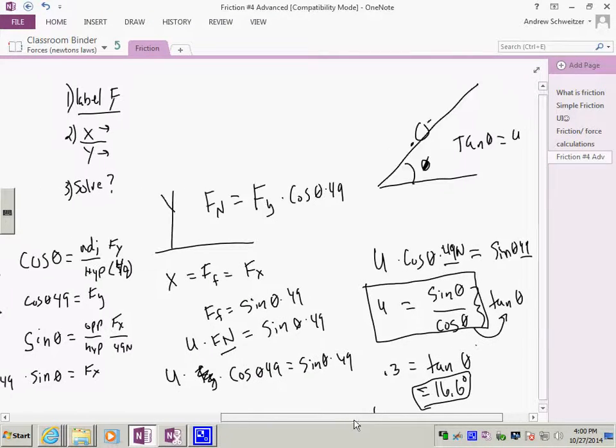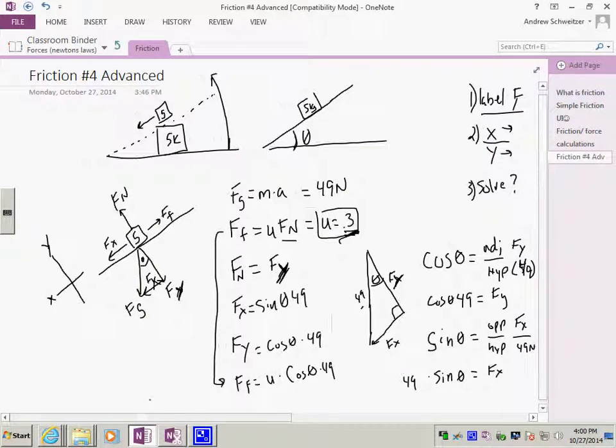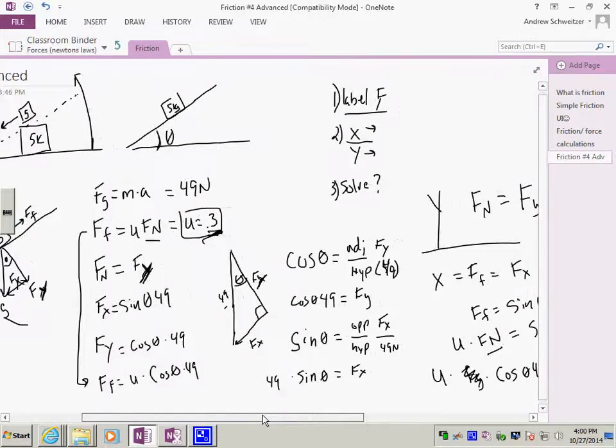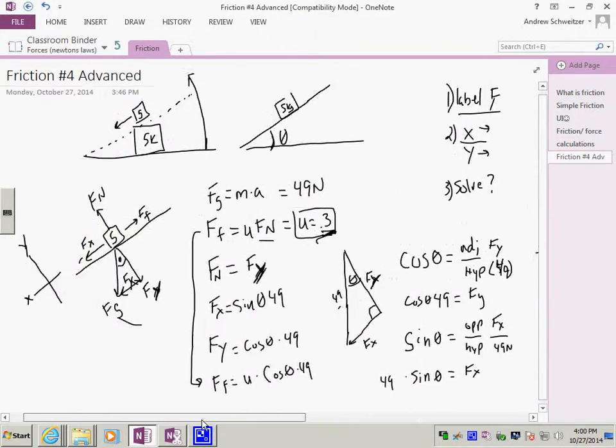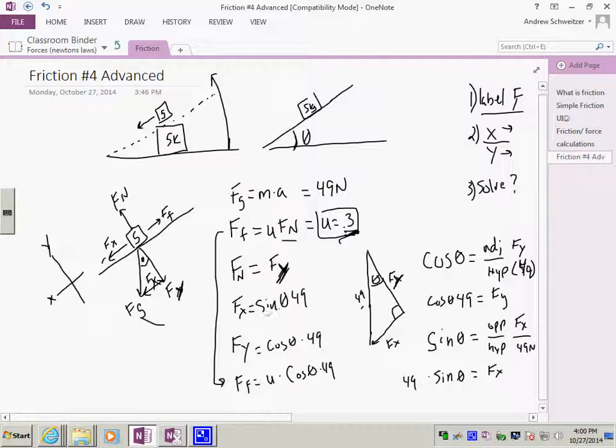Quick recap, I know there's a lot of dominoes falling here, but the picture should explain what's going on. We have these two forces equaling. F of x is a component of the actual gravity: the sine of the angle times 49.